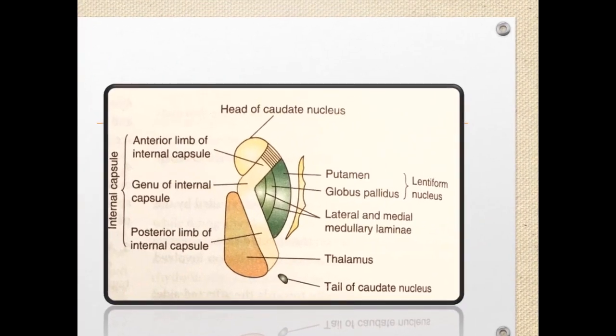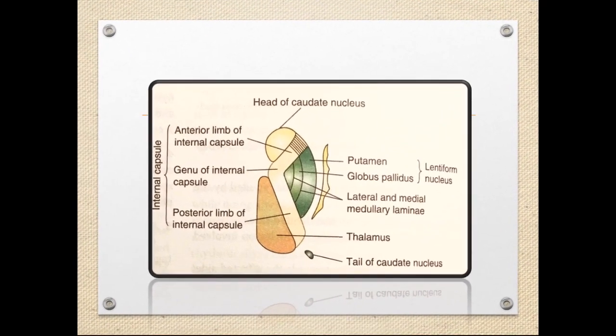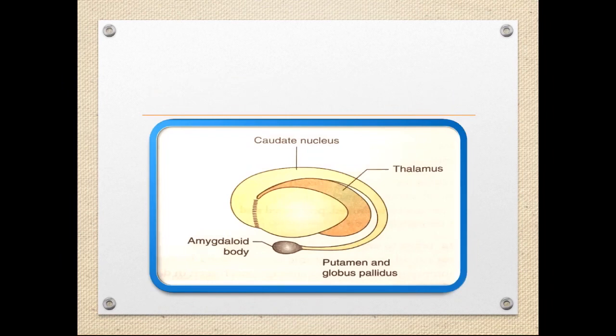In this diagram, this entire yellow part is the caudate nucleus. This is the head end, this is the body, this is the tail end, and medial to this is the thalamus. On the lateral aspect, which we are not able to visualize, are the putamen and globus pallidus.